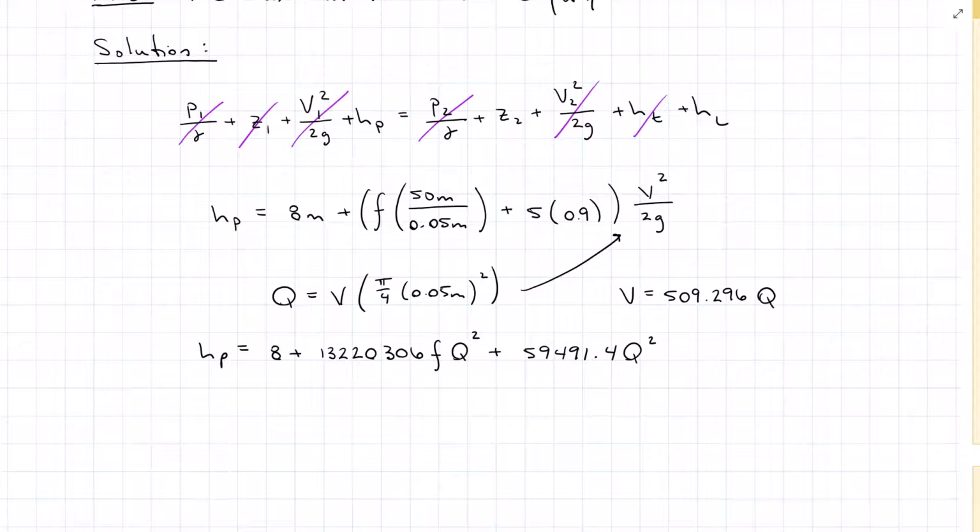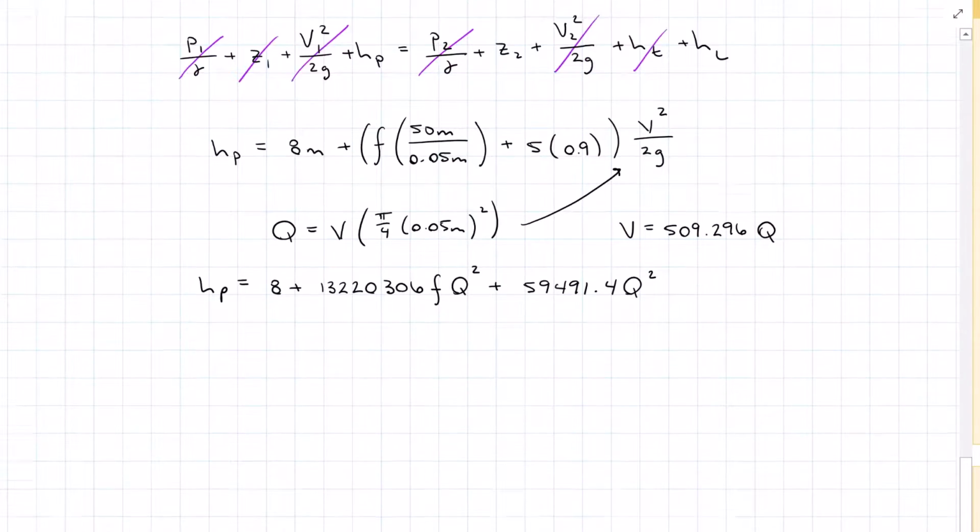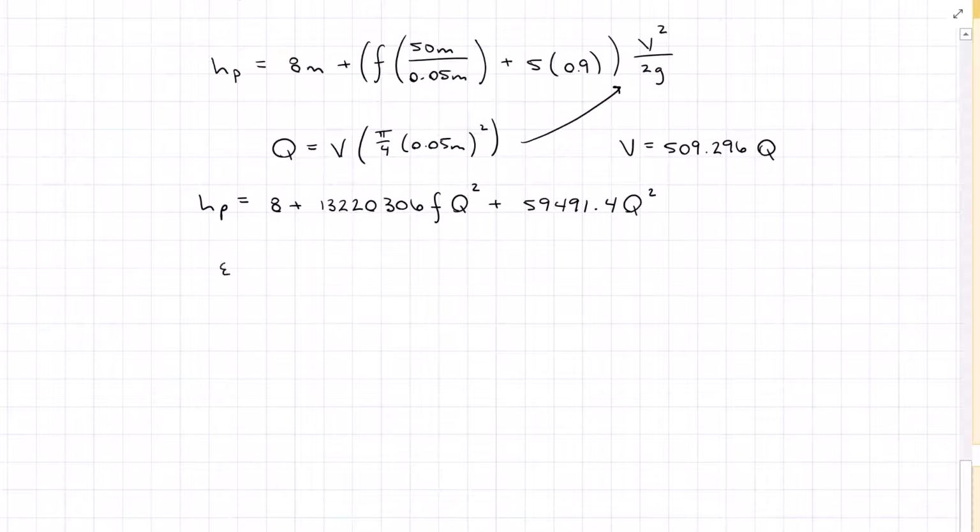Moody diagram needs the roughness factor and Reynolds number. I was given galvanized iron, so our E over D value for the Moody diagram is going to be 0.15 millimeters over our diameter, 50 millimeters. And that gives us 0.003.